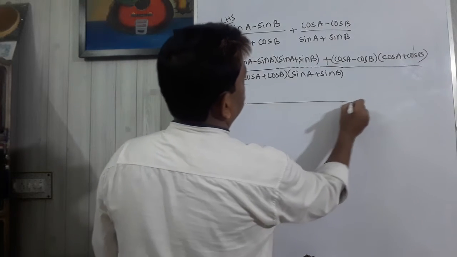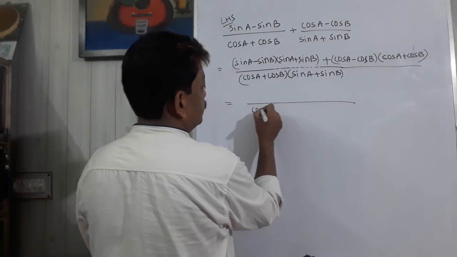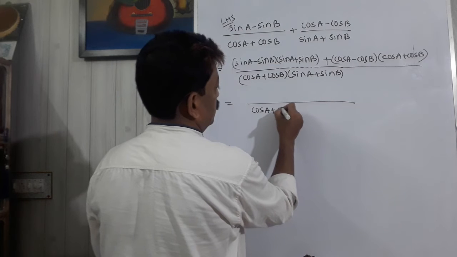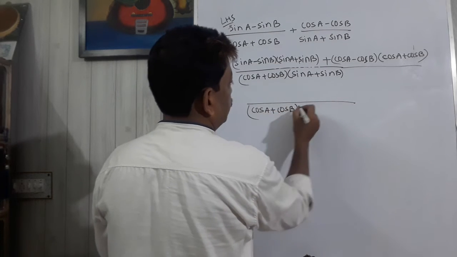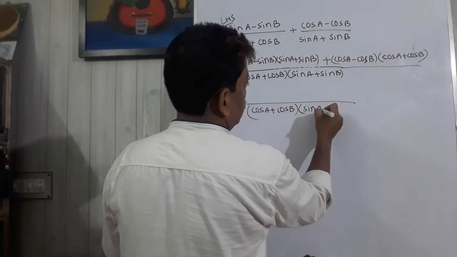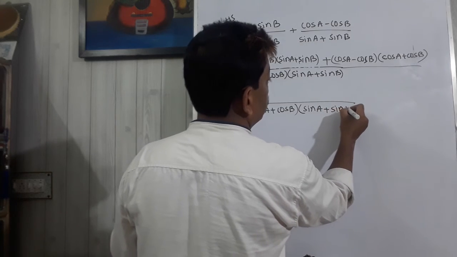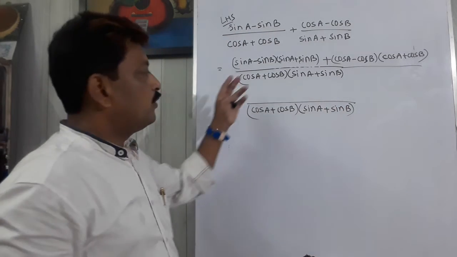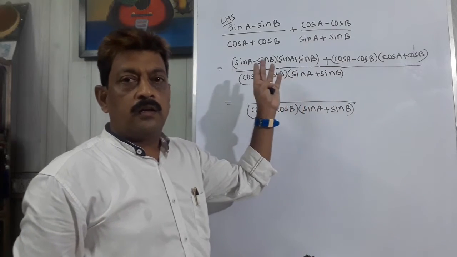Now keep the denominator as it is, cos A plus cos B multiplied with sin A plus sin B. Only we have to simplify the numerator.